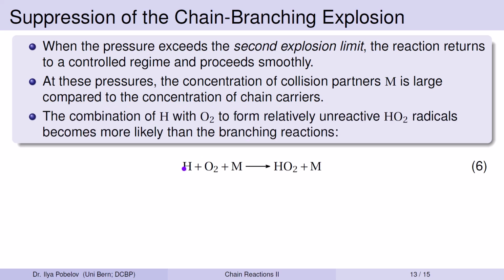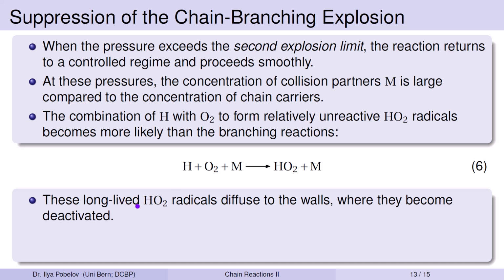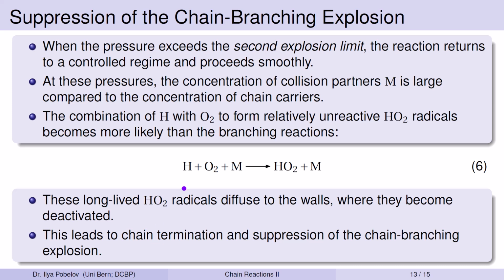The combination of hydrogen atoms with oxygen molecules to form relatively unreactive hydroperoxide radicals becomes more likely than the branching reactions. These long-lived hydroperoxide radicals diffuse to the walls, where they become deactivated. This leads to chain termination and suppression of the chain branching explosion.